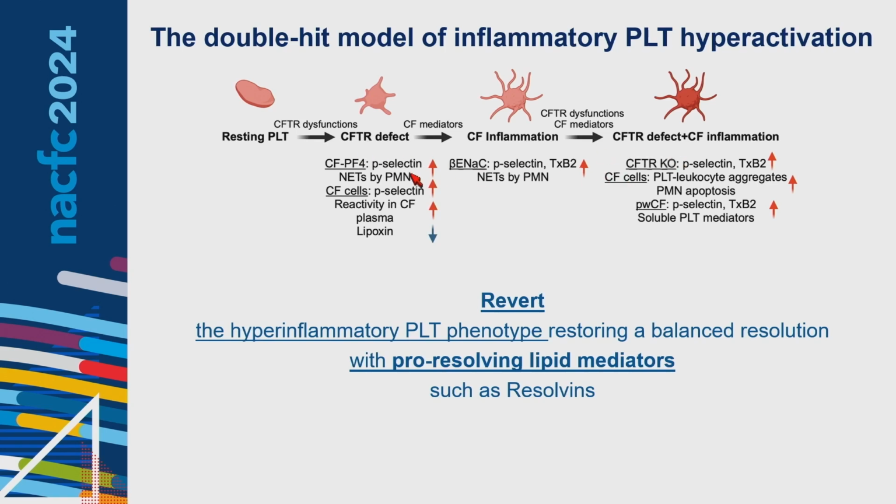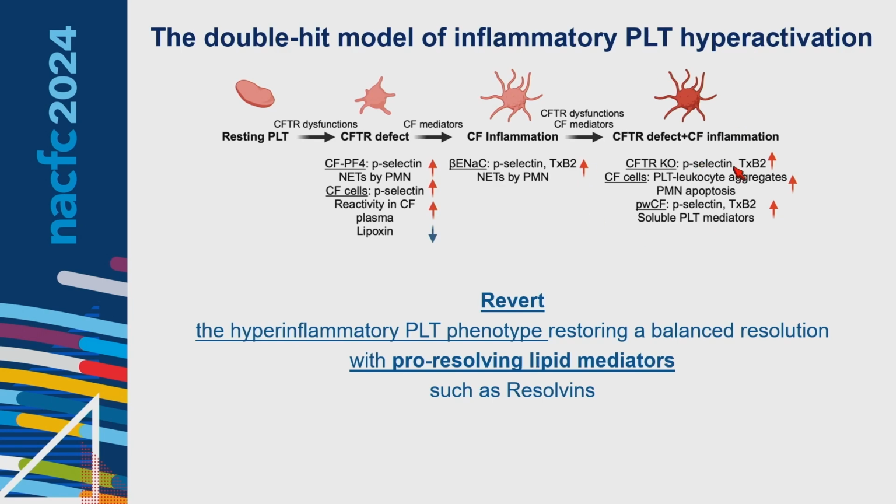And all these states are marked by elevated expression of P-selectin and thromboxane B2. In particular, we believe that elevated thromboxane B2 is a marker of platelet hyperactivation due to inflammation.